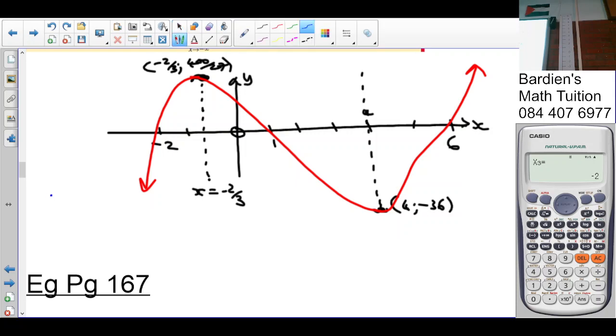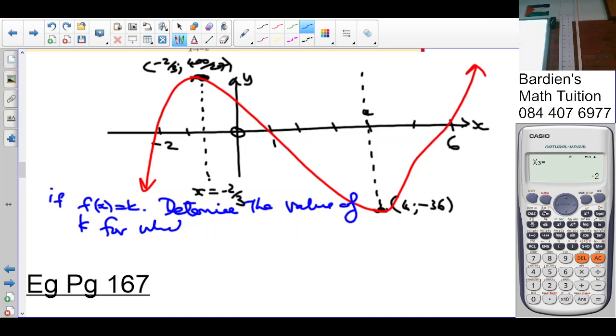You can write this down: if f of x equals k, determine the value of k for which the graph of the function f will have, in the first case, 1 root.